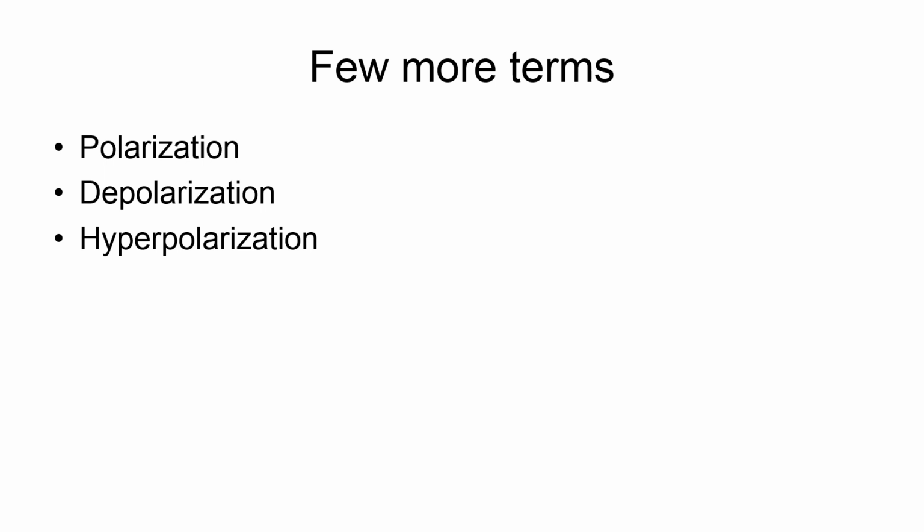Then we have depolarization. Depolarization is when there is a decrease in the difference between the charges inside and outside of the membrane. If there is a change in potential and it is near zero, when inside and outside have a difference of near 0 millivolt, then it is called depolarization.